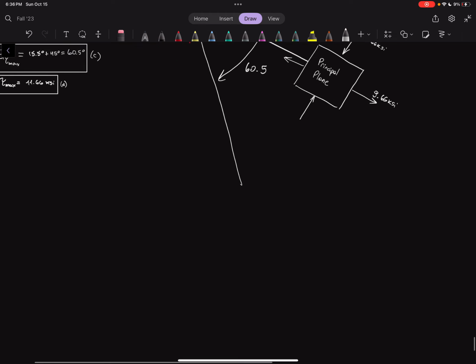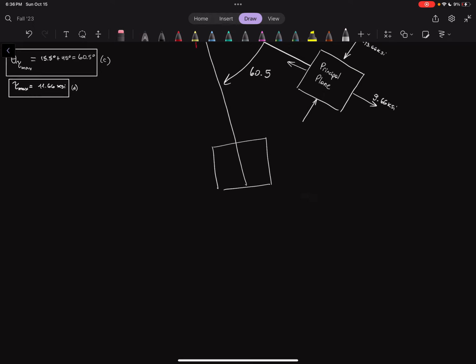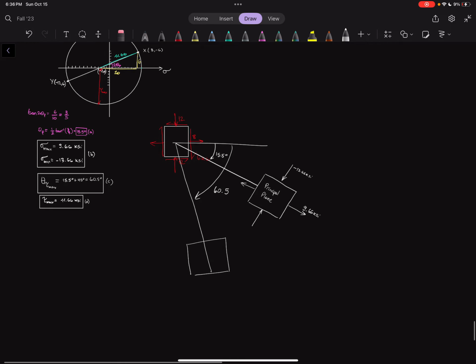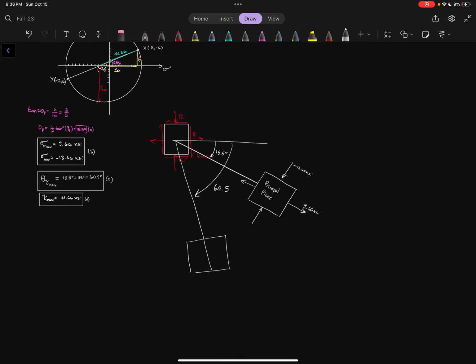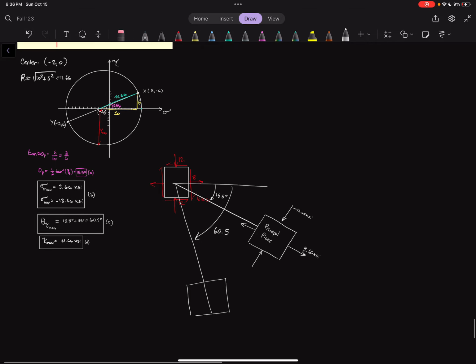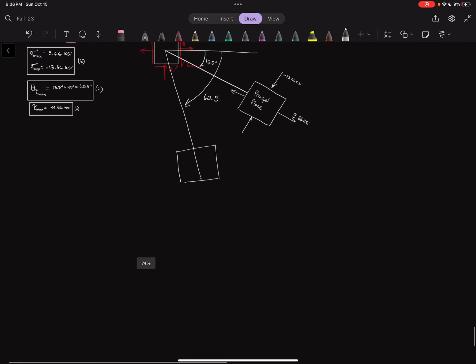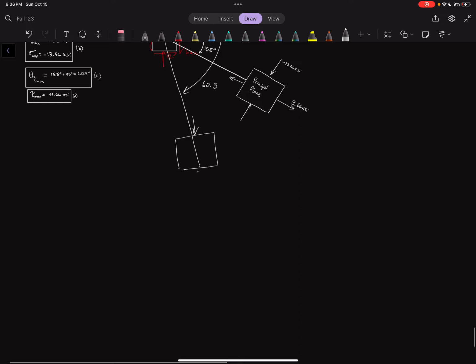To 60.5, then I am going to get the cube here, where my stress is going to be the average of the two stresses. So the average of the two stresses is going to be -2. So we're going to have compression everywhere, -2.